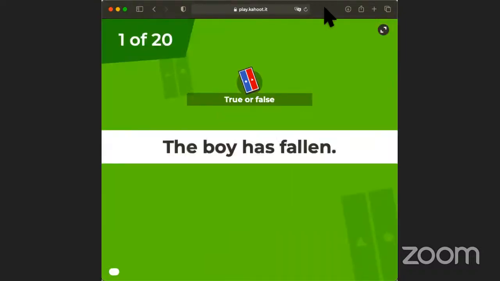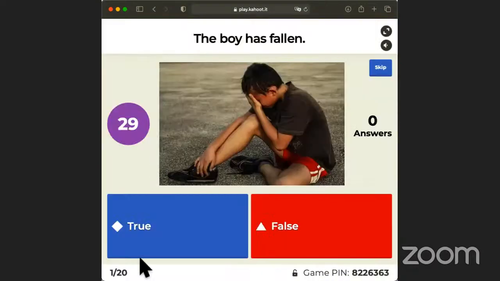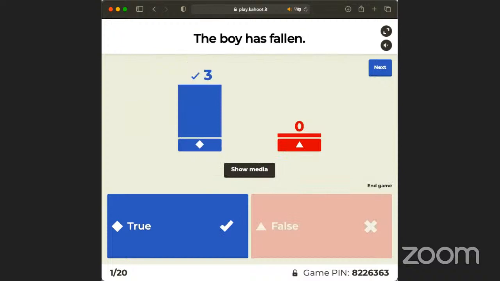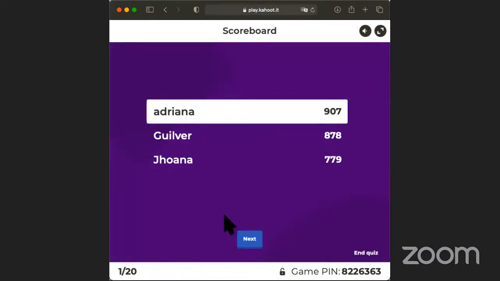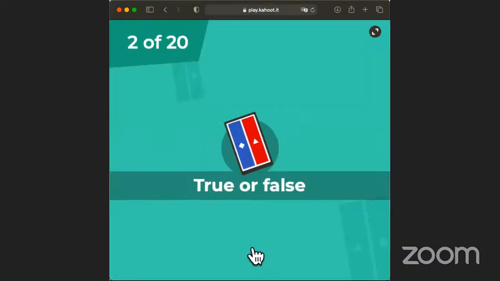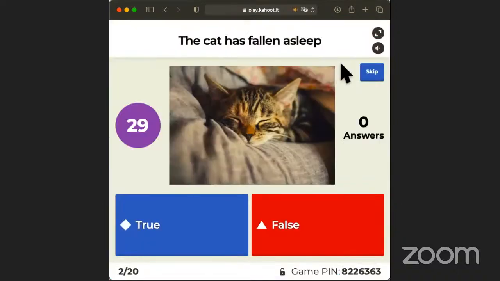So, true or false? The boy has fallen. Look at the picture. Is it true or false? The boy has fallen. Look at the picture. Yes, it was true. Next one, the cat has fallen asleep. True or false?